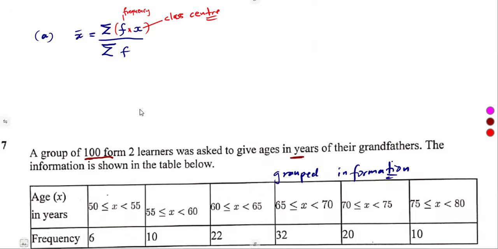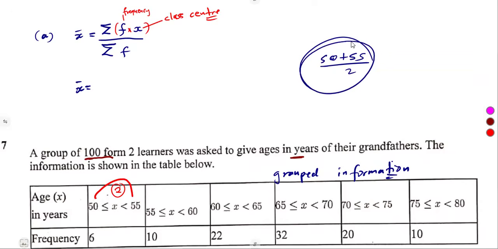Remember, how do you get the class center? Lower class plus upper class, then whatever you get, you must divide by 2. So this is the condition that you must have. In this case, our mean is equivalent to what? We are going to add like this: 50 plus 55 over 2, lower plus upper class divided by 2.